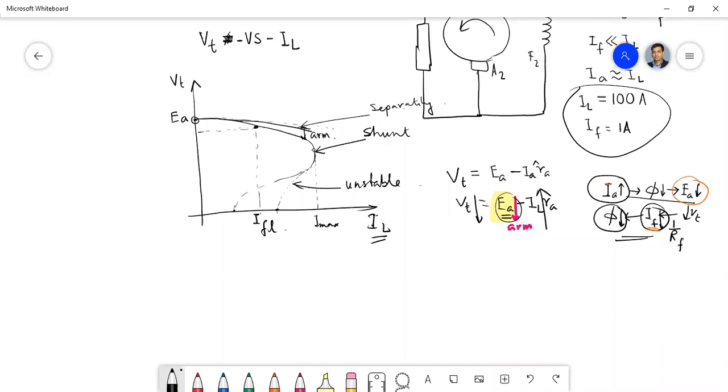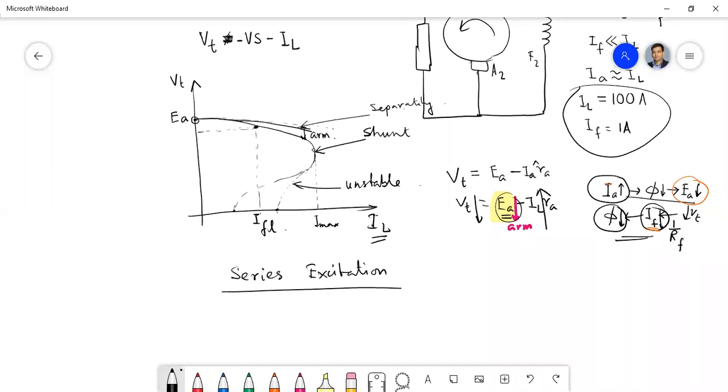Okay, now come to the other machine, that is series. So shunt and separately excited, I think you have understood. Series excitation: in case of series excitation, what will be the characteristics?